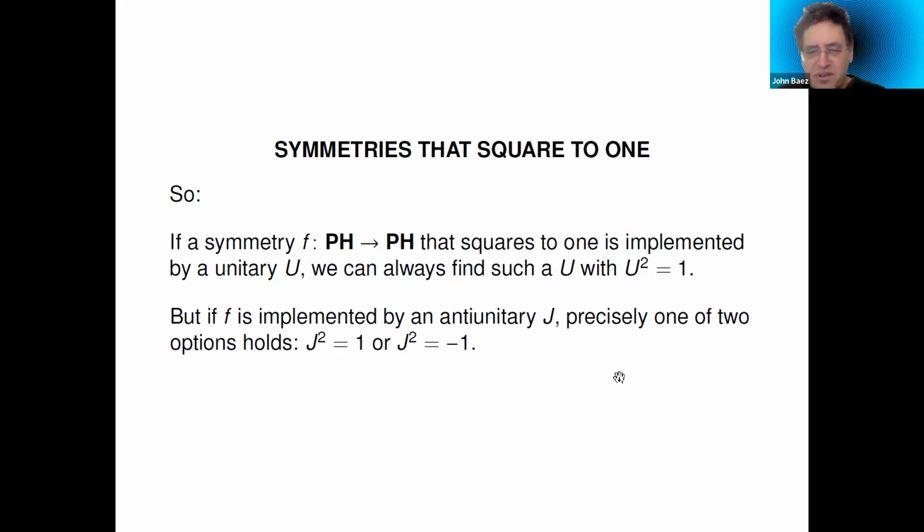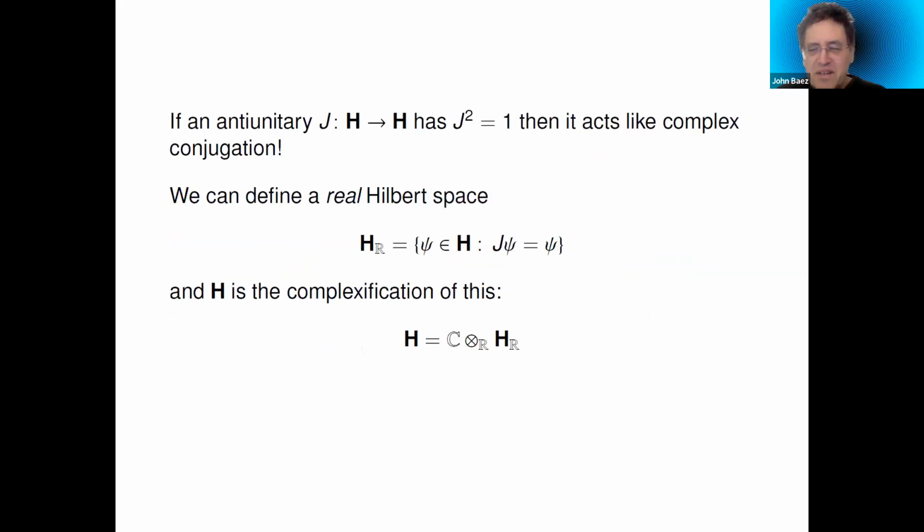That is some threefold classification, but it's not the famous threefold way. Anyway, if you have an anti-unitary that squares to 1, then it acts a lot like complex conjugation. In particular, you can look at the vectors in your complex Hilbert space that are fixed by it.